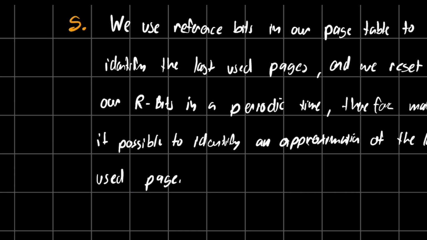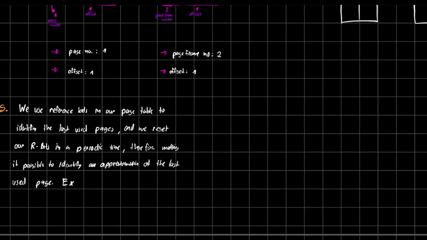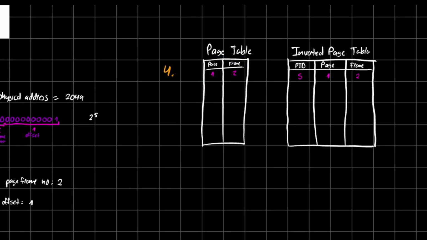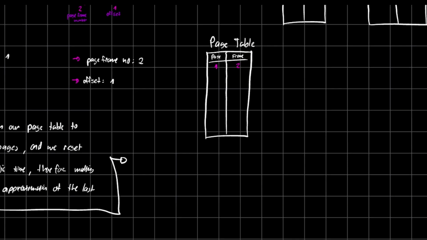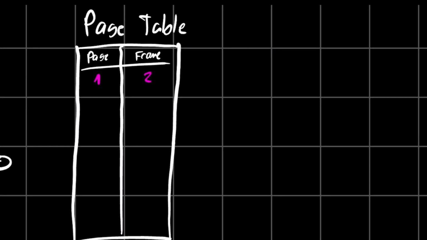So what we do here, let me write an example. Imagine we have some page tables. Imagine we have this page table, just duplicate it and put it over there. So imagine we have some pages, page 0, 1, 2, 3, 4.